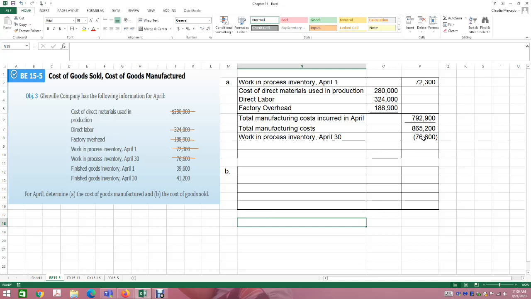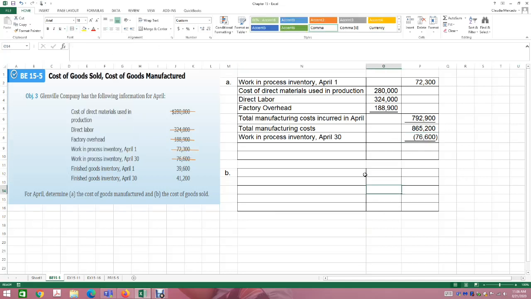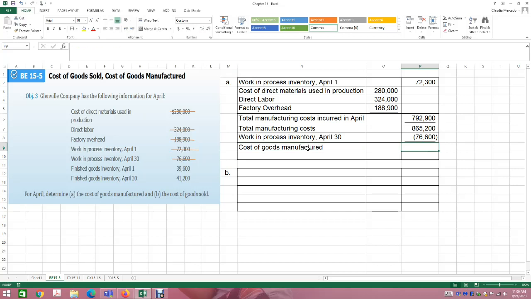Now I am going to subtract that, so I can calculate my actual cost of goods manufactured. How much did you actually spend during the month manufacturing goods? Well, I had total manufacturing cost of $865,200. I know that I still have $76,600 of goods that are not complete.